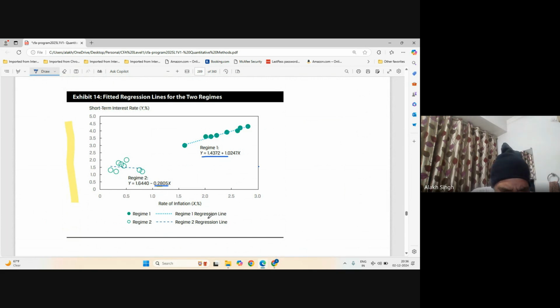So regime 2 looks bad. What are the variables? Short-term interest rate, and this one is rate of inflation. So here the rate of inflation has decreased. So this is good. And here the rate of inflation has increased with the short-term interest rate, even though inflation is increasing and short-term interest rates are also increasing.